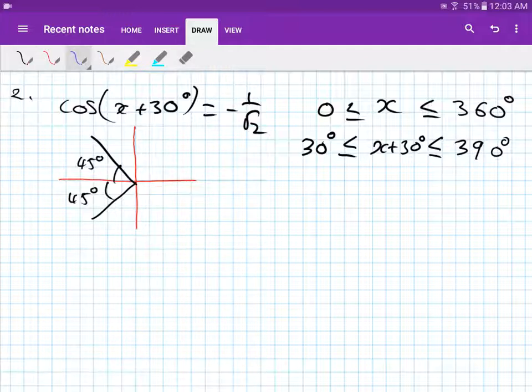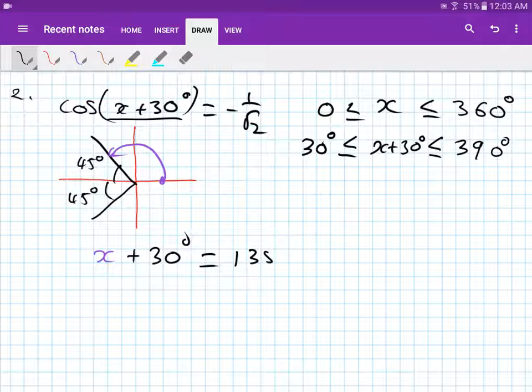Now I'm just looking for the answers. This is the first answer, going from here to here, 180 minus 45. Not x, I'm sorry, it's x plus 30 here that is equal to 135 degrees.